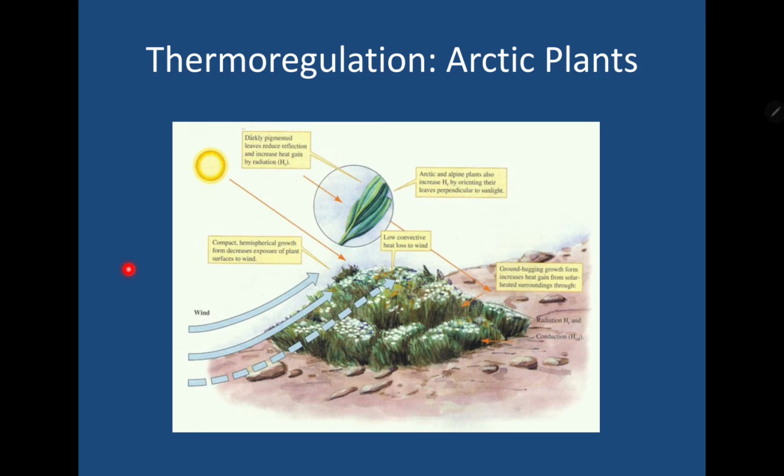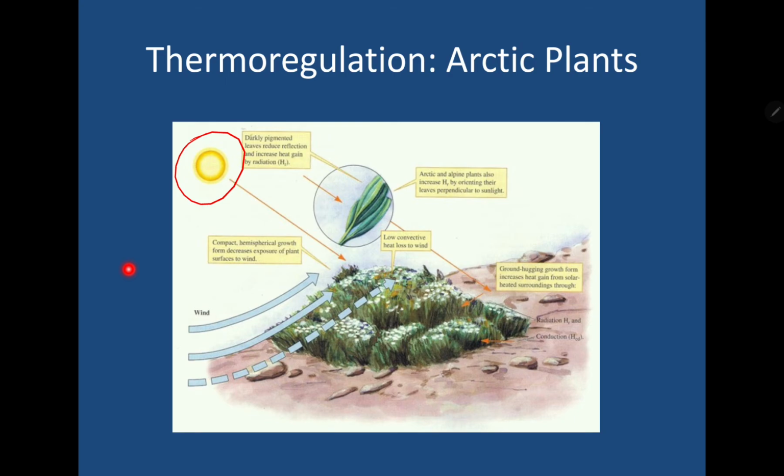So Arctic plants in many ways have the opposite modifications compared to desert plants. Their leaves are usually darkly pigmented. Remember that darker pigmentations allow surfaces to absorb more heat from the sun, and this, in Arctic plants, increases heat gain through radiation from the sun.